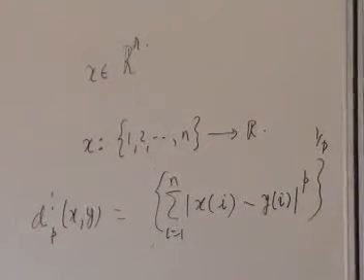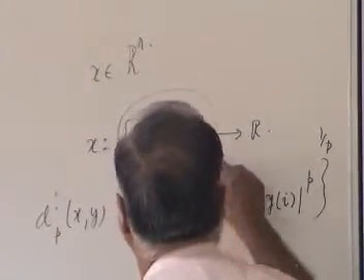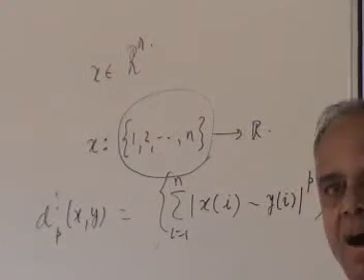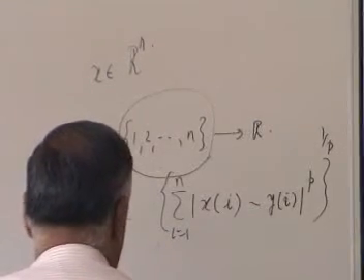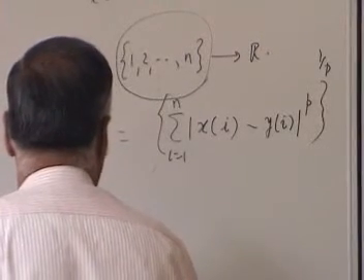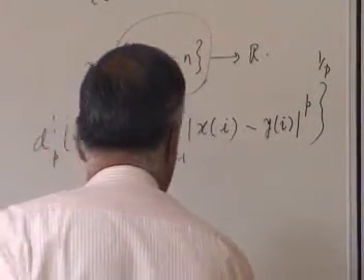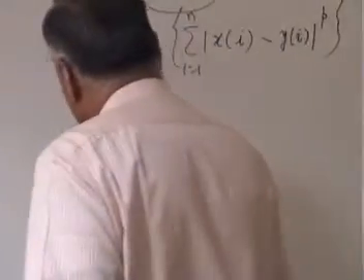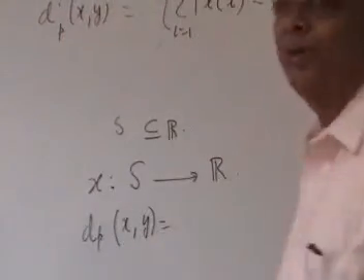The idea would be to generalize this. Instead of the discrete set, try to take an interval or some part of the real line. So let's take some set S which is contained in R to start with. Then I will look at all functions from S to R. Then what would be the idea of dp, the distance between two functions?